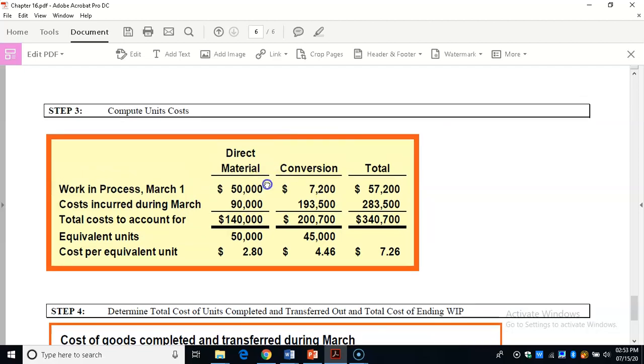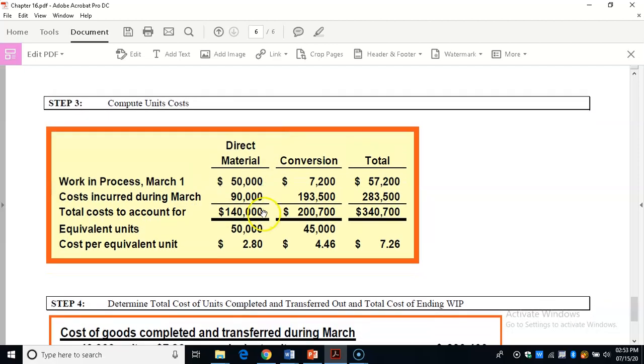What's 50,000 plus 90,000? It's 140,000. That's my total material cost to account for. What is 7,200 plus 193,500? It's 200,700. That's how much conversion cost I have to account for. And then this total I would just do last.